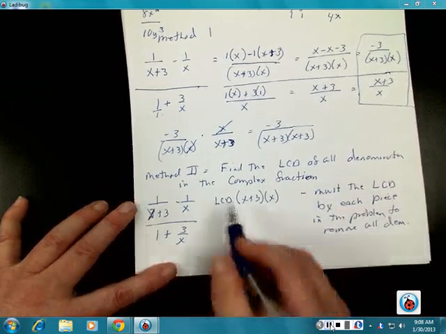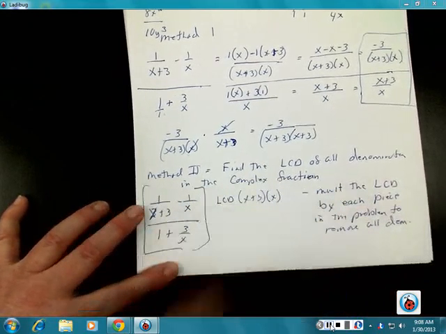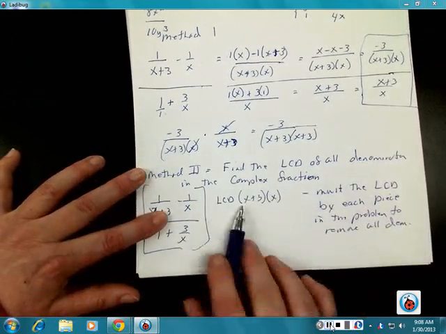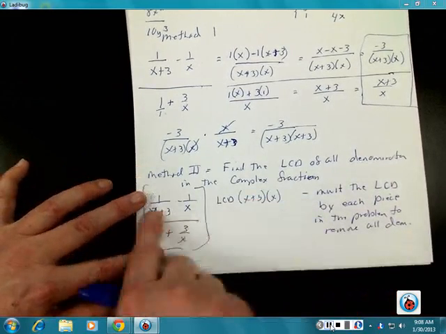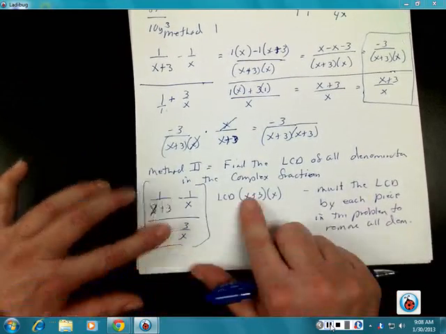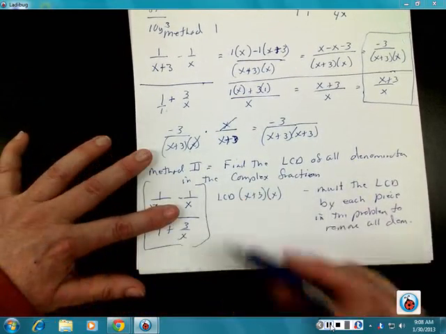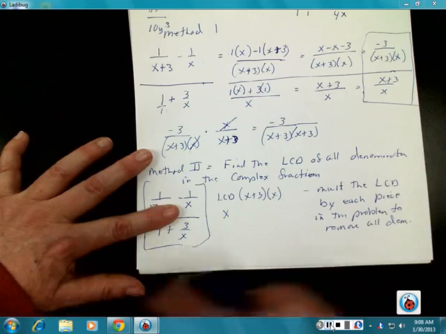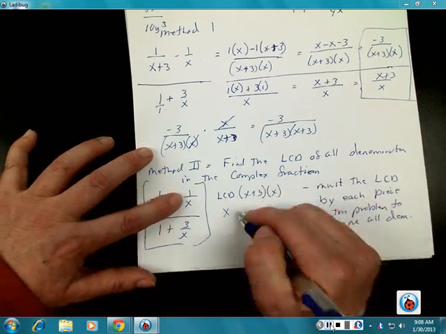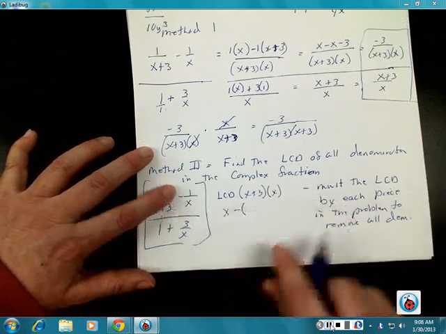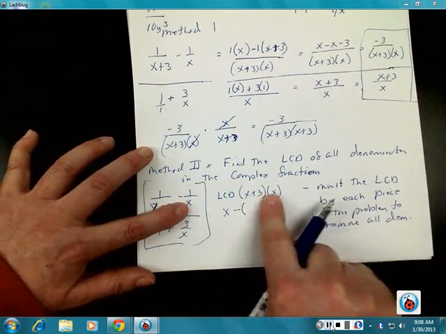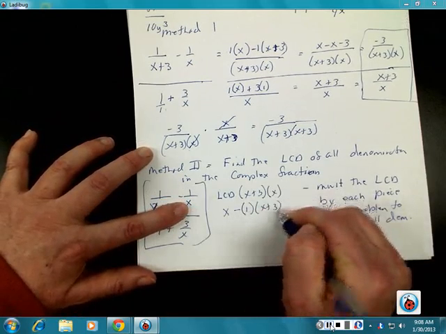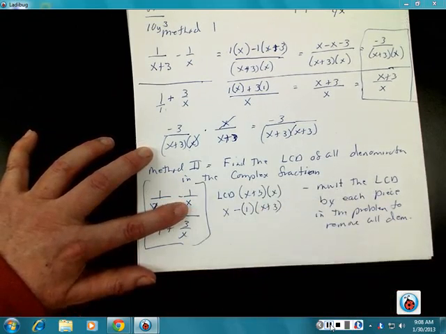So when I take this whole fraction and multiply every piece by this LCD, what happens is this gets multiplied by this whole thing. The x plus 3's cancel, so all I'm left with is an x. You okay so far? What would I be left with in this other one? x and times this. The only thing I'm left with there is an x plus 3. Okay or not okay?